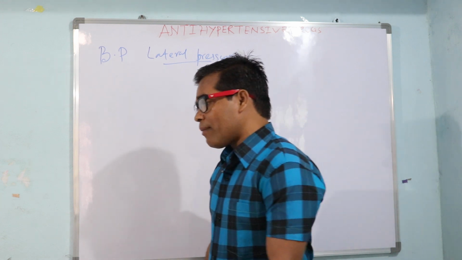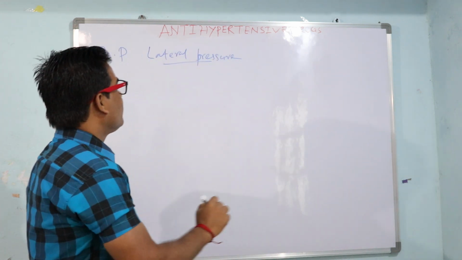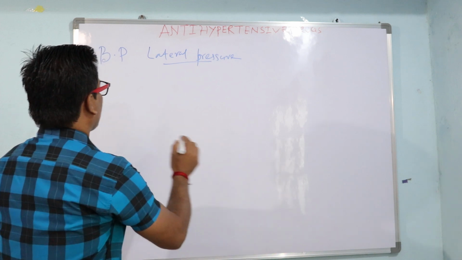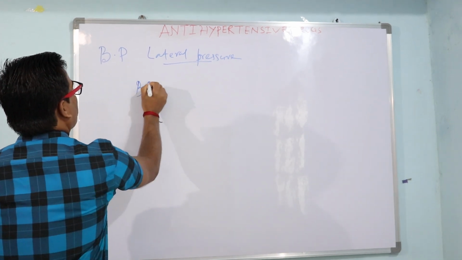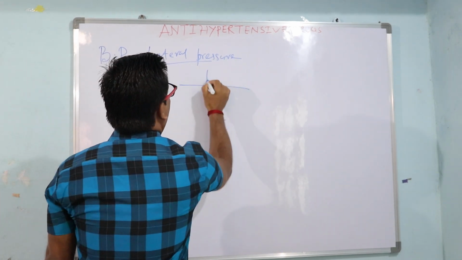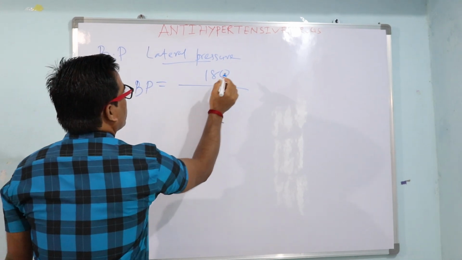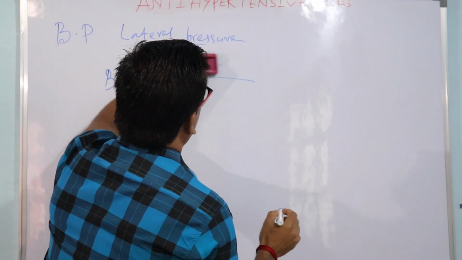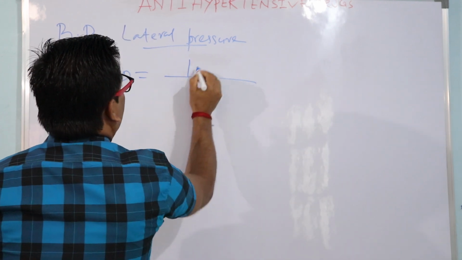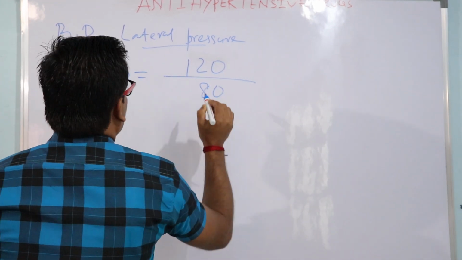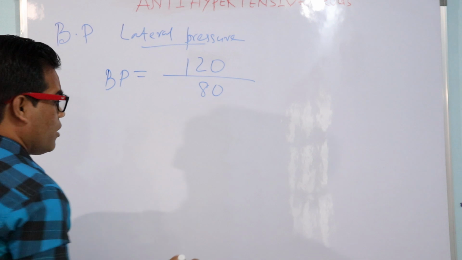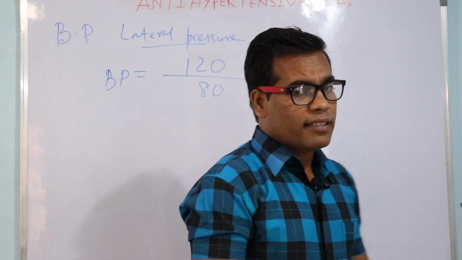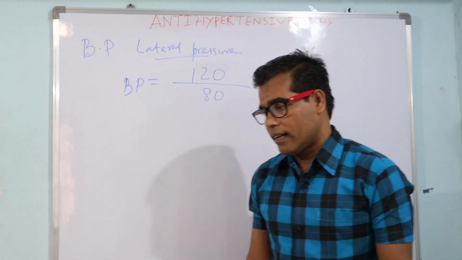Now generally the normal blood pressure is designated as systolic pressure and diastolic pressure, which is given as 120 by 80. So this is called systolic pressure, this is called diastolic pressure. When it rises, the condition is known as hypertension.